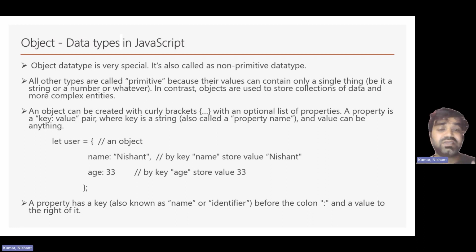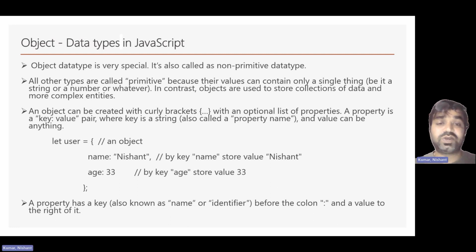The object has certain properties: it may have a name, it may have an age. In this way we can assign values to those keys, and then further utilize them.